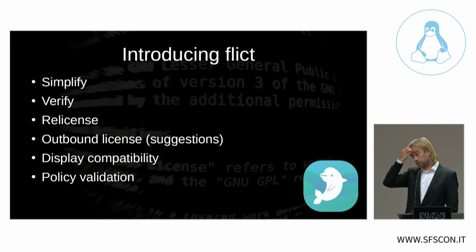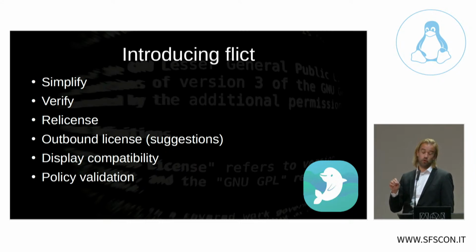So let me introduce FLICT. It can simplify license expressions for you. It can verify license compatibility. It does relicensing. So if you have a license like GPL 2.0 or later, when I'm getting software under that license, I can say that I prefer to use it under GPL v3.